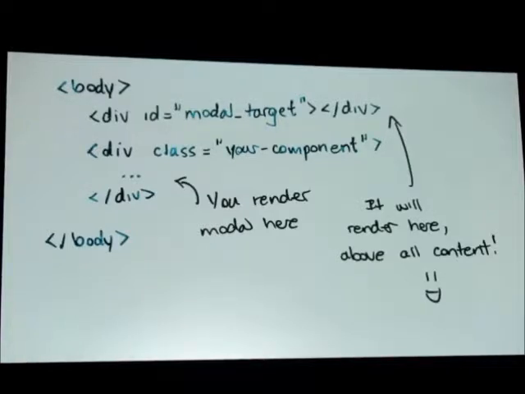Yeah, that's actually a very good point. So with a portal, it's still part of the same component. So even though it's rendering up here at the top, from the point of view of the React view, the portal is still inside the component. So you can interact with it in your component like it was any regular element.